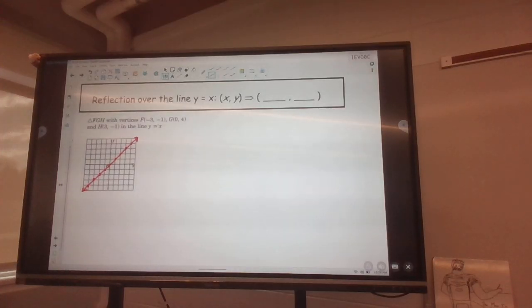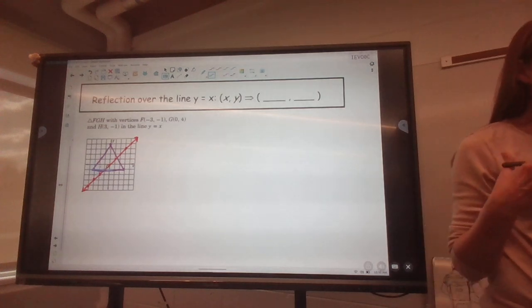So I'm going to graph my first one here, my f. This little triangle is going to be flipped over that red line.